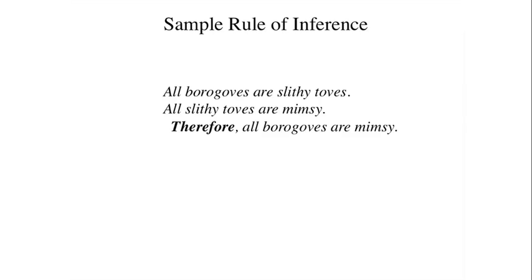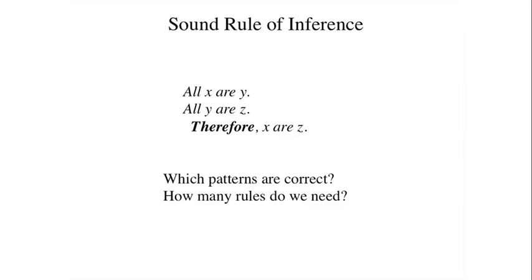What's more, in order to reach this conclusion, we do not need to know anything about Borogovs or Slithy Toves or what it means to be Mimsy. What's interesting about these examples is that they share the same reasoning structure, namely the pattern shown here.